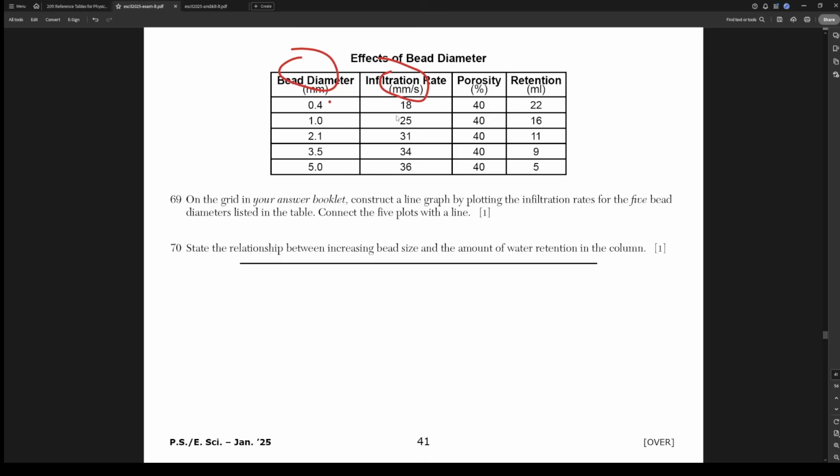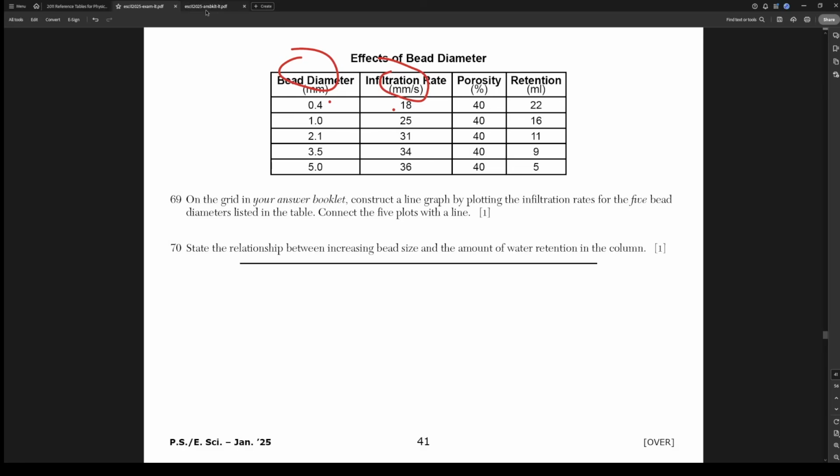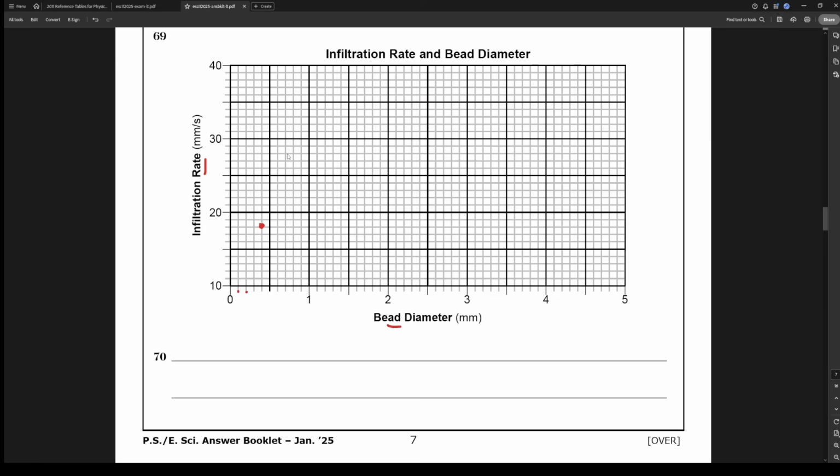Okay, so 0.4, 18. But if you want to skip me plotting the graph, just fast forward this. 0.4, this is 0.1, 0.2, 0.3, 0.4, up to 18. This is by 1s, 15, 16, 17, 18 right there. Okay, 1.0 is 25, so that's right here.